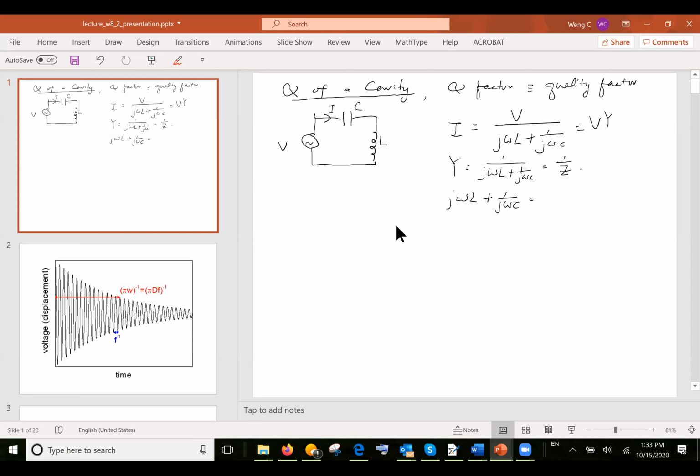It's recording. Okay, good. So when the denominator goes to 0, this thing is resonance, which means that Z or V goes to infinity. V becomes infinitely large, or Y becomes infinitely large, which means that you don't need the voltage source to create a non-zero current, okay? When that happens, when it's at resonance, you can switch off the voltage source.